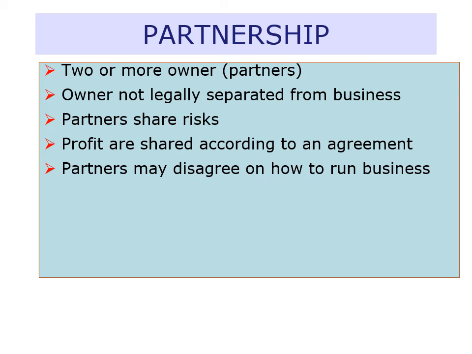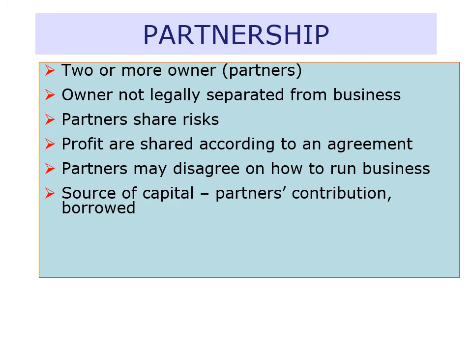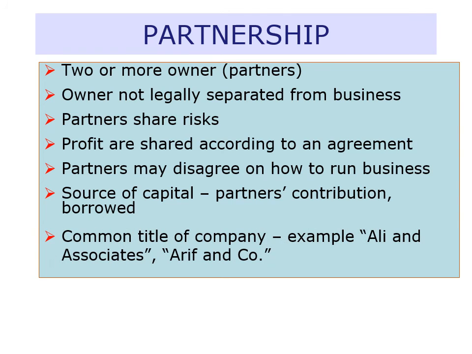Partners may disagree on how to run the business. That's why you need an agreement among the partners. And the source of capital usually is from partners' contributions. Once they set up the company, then they can borrow money from somebody else. And the company title usually has 'and', for example, Arif and Co, Ali and Associates, and so on. So that is the common title.